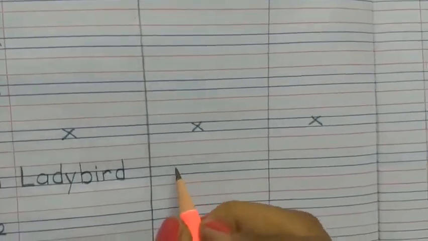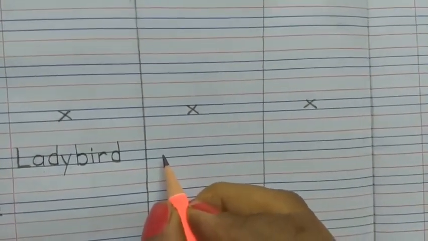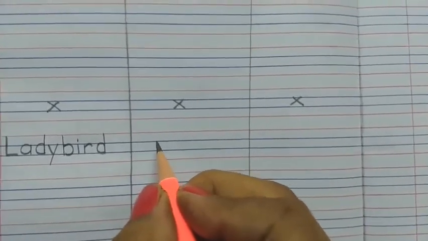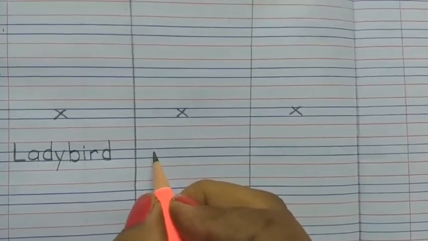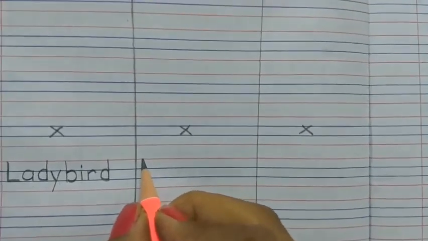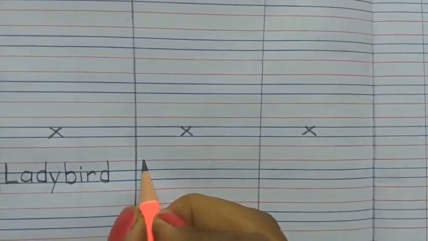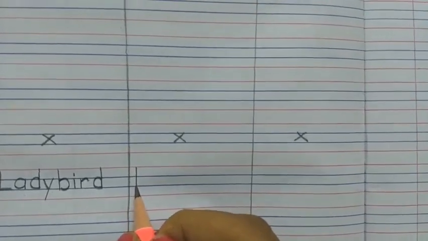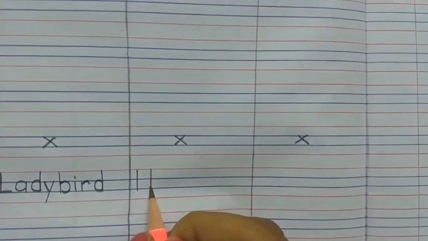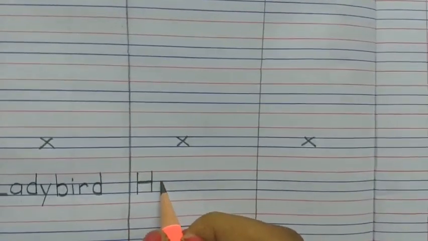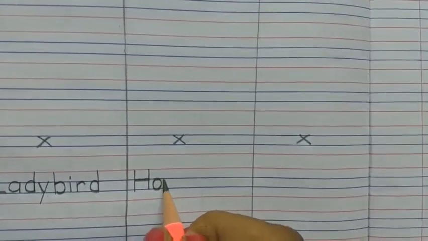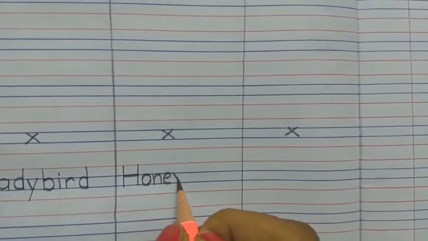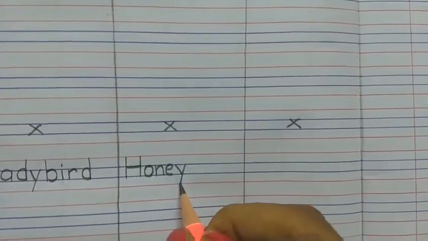Now next, honeybee. H-O-N-E-Y-B-E-E. Honey bee. So start with capital H. From the red line, H, small o, N, E, Y. Honey.